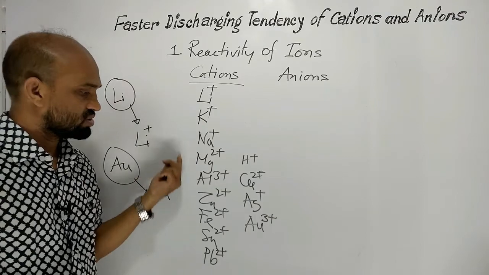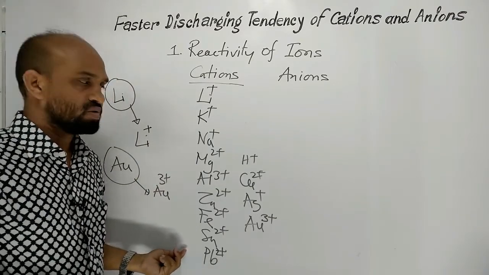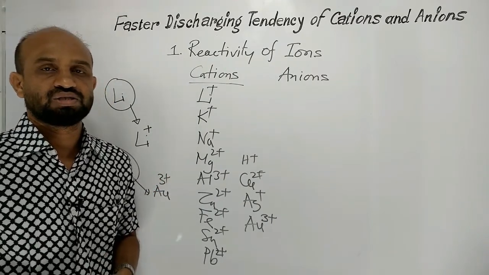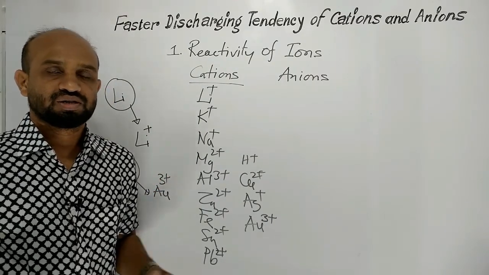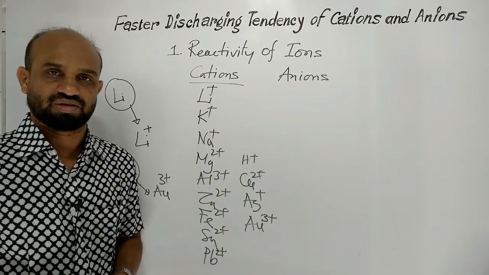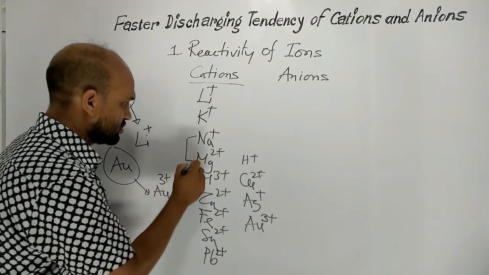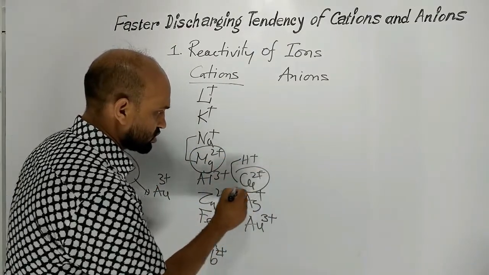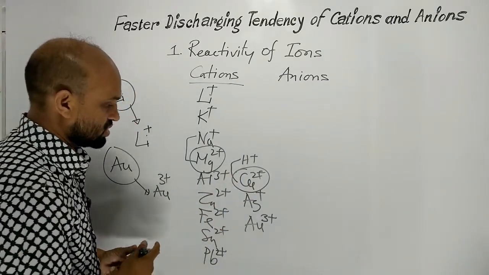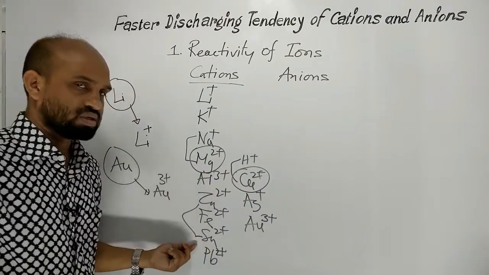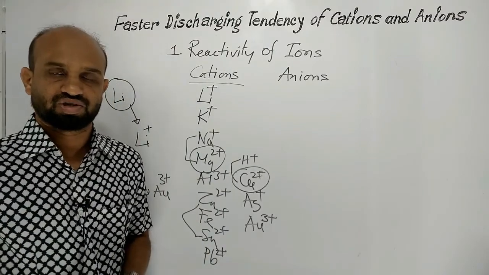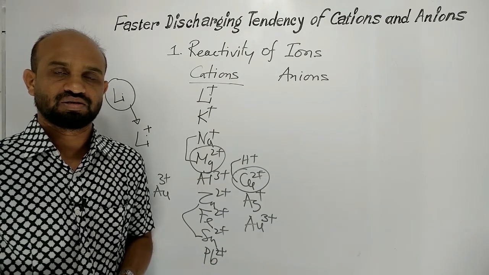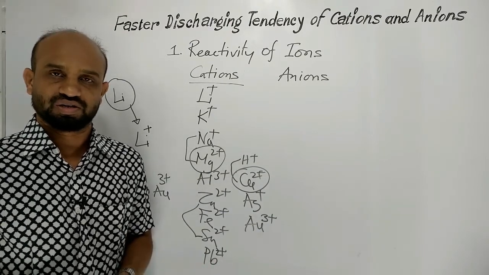From this series, we are getting that from any two ions, the ion which is in lower position will be reduced first. From these two, magnesium will be reduced first. From these two, copper will be reduced first. From these two, tin 2 plus will be reduced first. The lower the position in the electrochemical series, that ion will be reduced first.